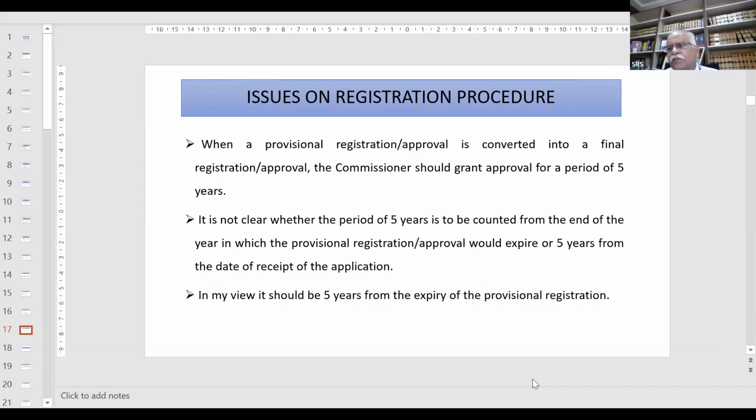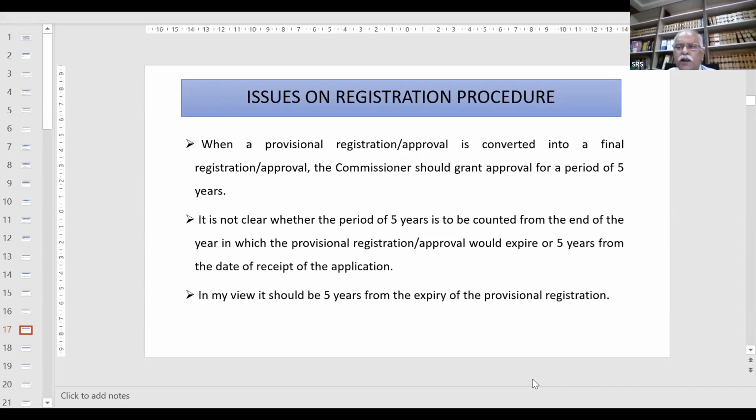Another issue is that when you convert a provisional registration to final registration, the approval is for a period of 5 years. 5 years from when? Is it from the date on which the earlier application was made, or is it 5 years from the date of the application for conversion, or is it 5 years from the end of the provisional period of 3 years? It is not clear.